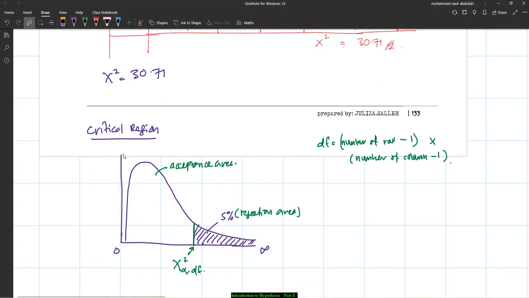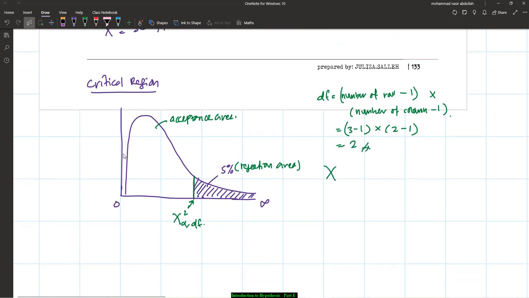So degree of freedom will be 3 minus 1, the number of rows minus 1, multiplied by the number of columns, 2 minus 1. So this should be 2 multiplied by 1, equal to 2. So the degree of freedom is equal to 2. So the chi-squared that we want to find is chi-squared alpha 0.05 with degree of freedom equal to 2.